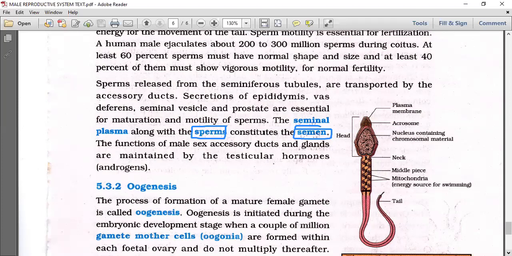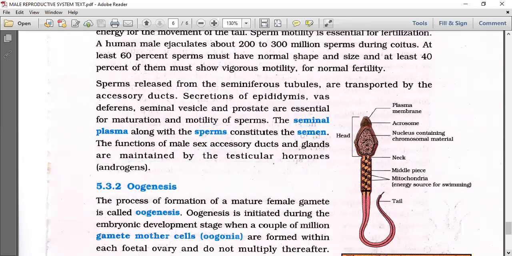The functions of male sex accessory ducts and glands are maintained by testicular hormones or androgens. We have seen the sequence in an earlier lecture: caput, corpus, cauda of the epididymis, then vas deferens, seminal vesicle, and prostate.